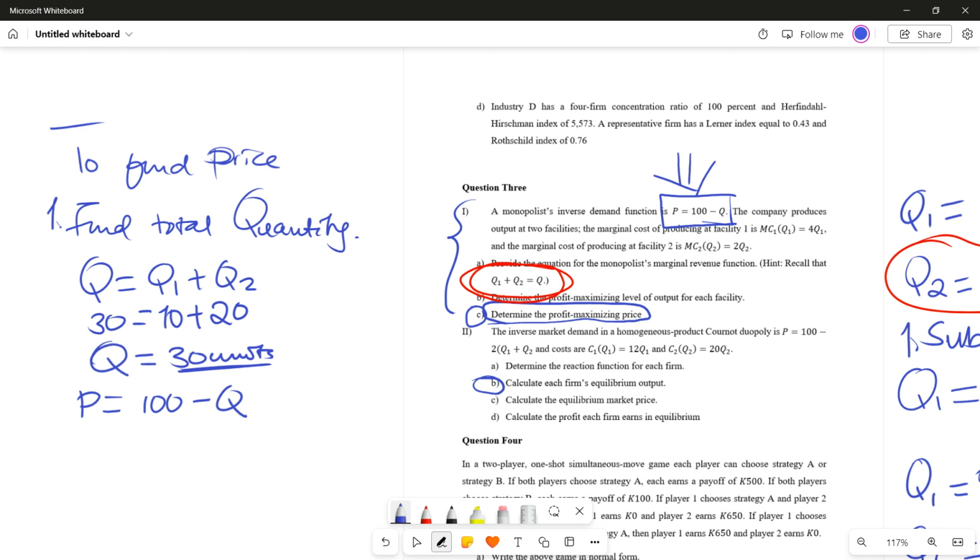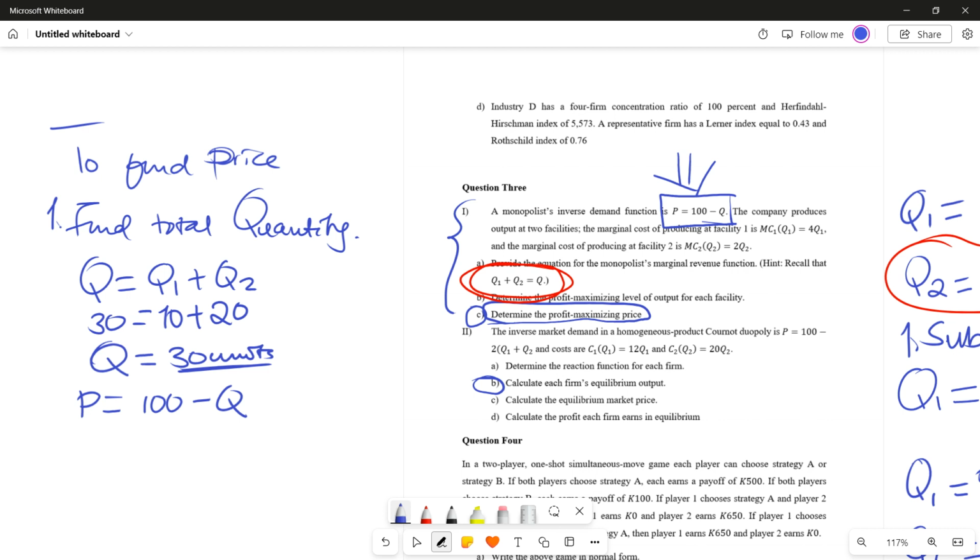Is it quantity from the first firm or quantity from the second firm? You end up getting two functions, so you end up getting two prices, which is not the right approach. The question is asking us to get the profit maximizing price and not the profit maximizing prices.